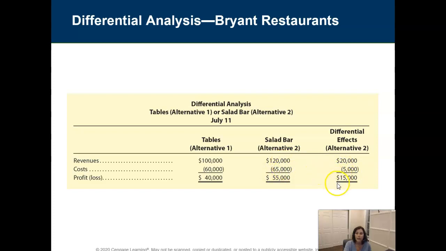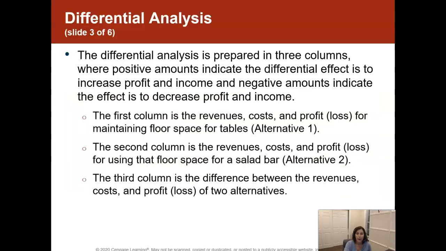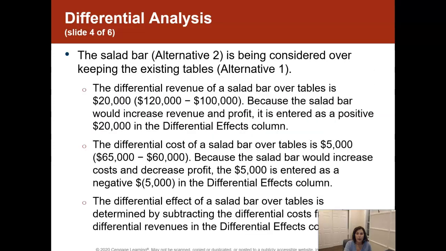So that's going to give us a net differential impact of $15,000 to the positive. And so, as I said, this is kind of a wordier analysis of what I just talked through.